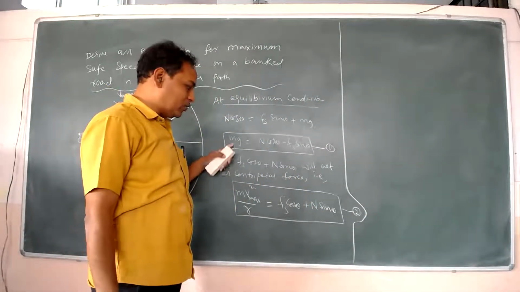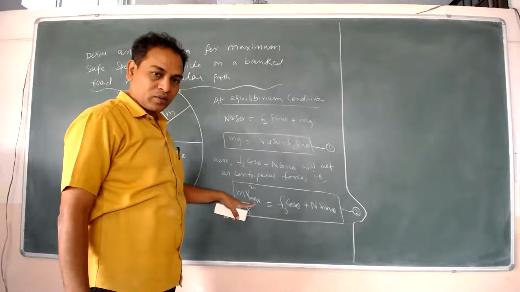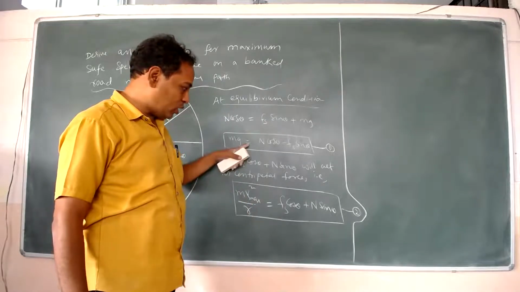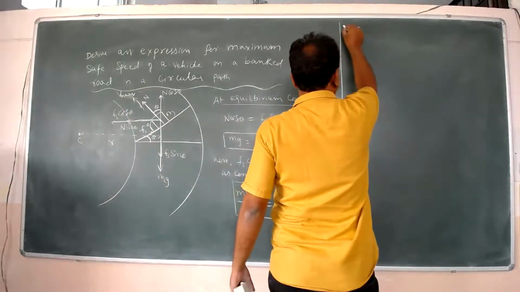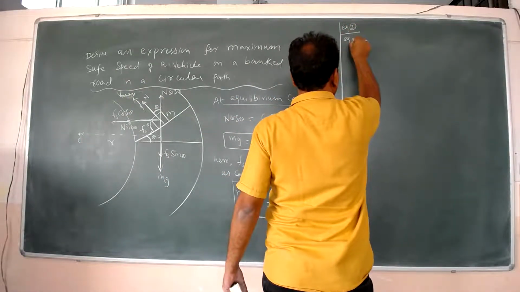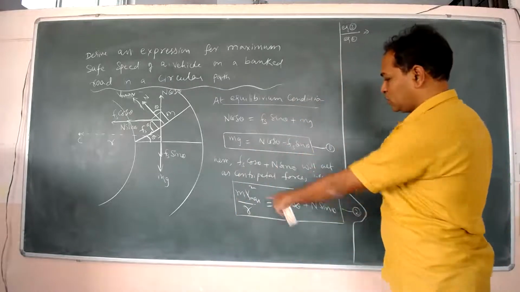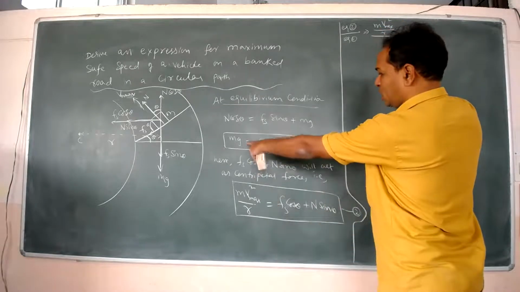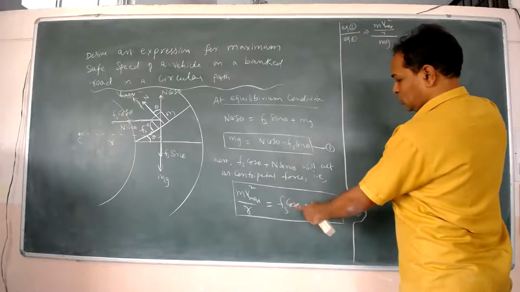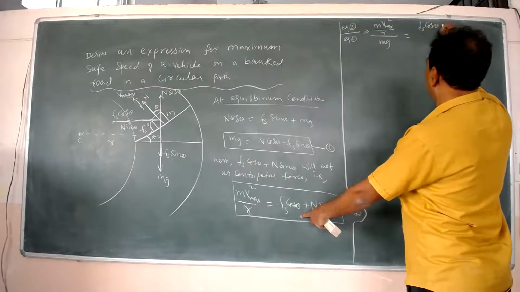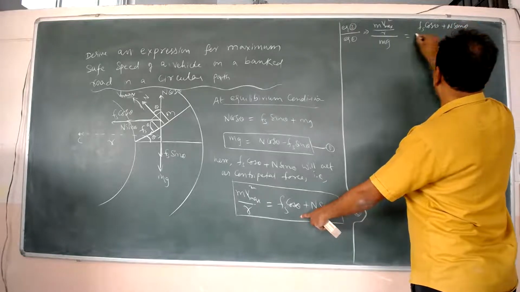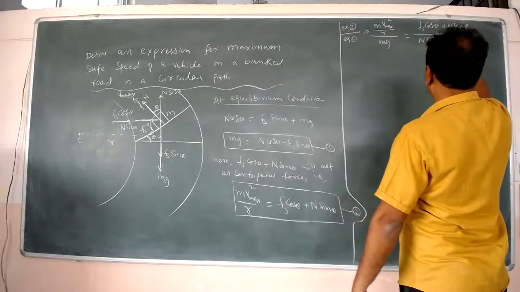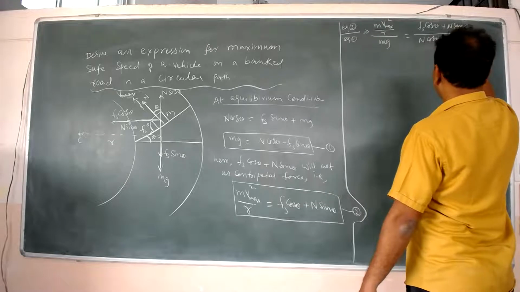Now I will divide these two equations to get V max square. We have to calculate the maximum speed of a vehicle. To get this V maximum, we divide equation 2 by equation 1. So m V max square by r, whole divided by mg, is equal to Fs cos theta plus N sin theta, whole divided by N cos theta minus Fs sin theta.